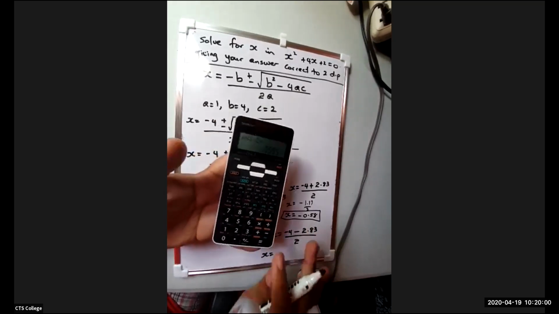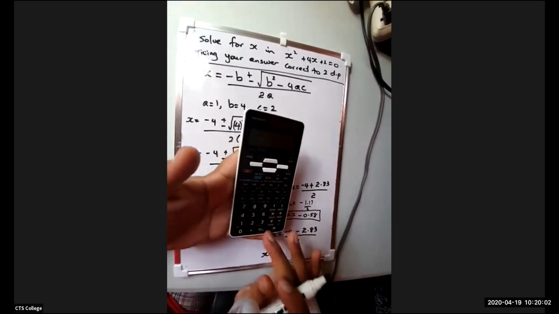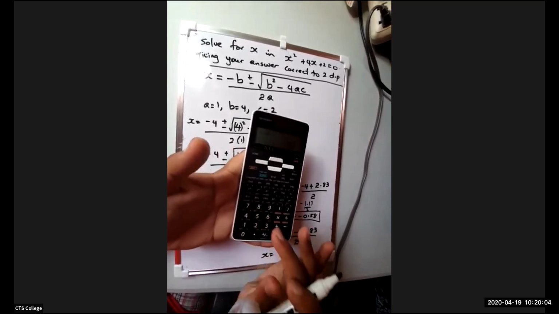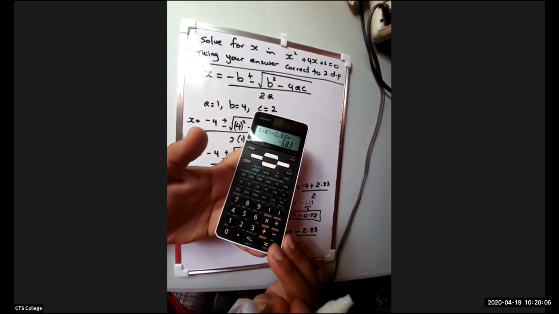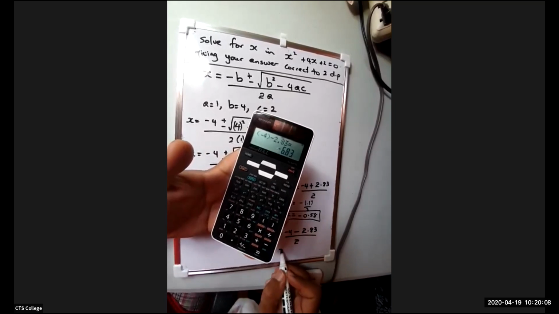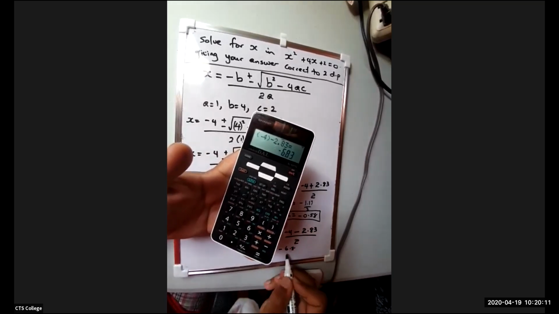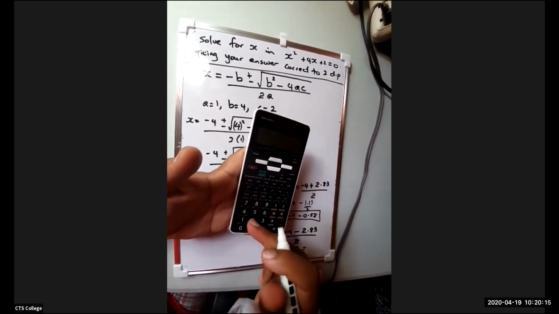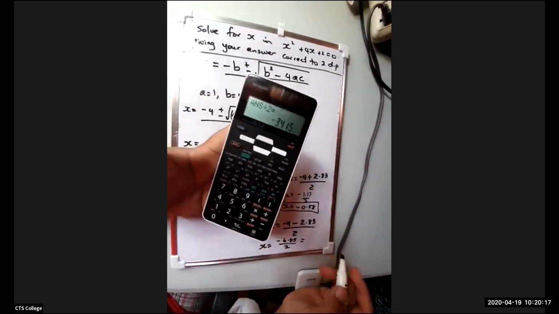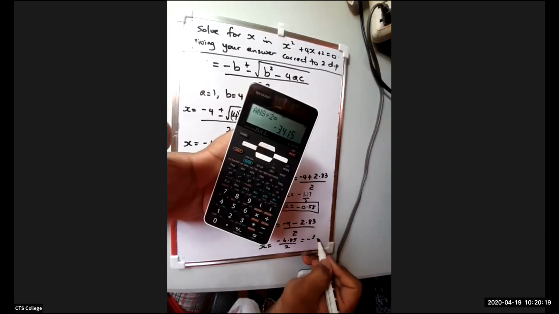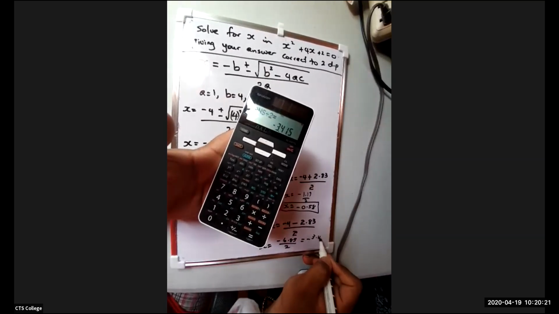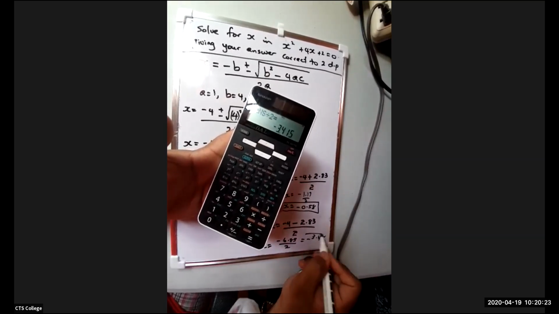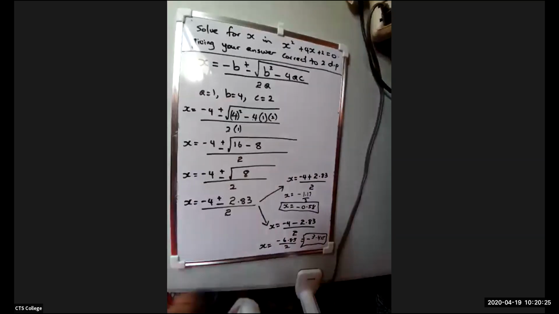And of course, here we have minus 4 minus 2.83, which is negative 6.83 all over 2. So divided by 2, which will give us negative 3.415. So this is our next value of x.